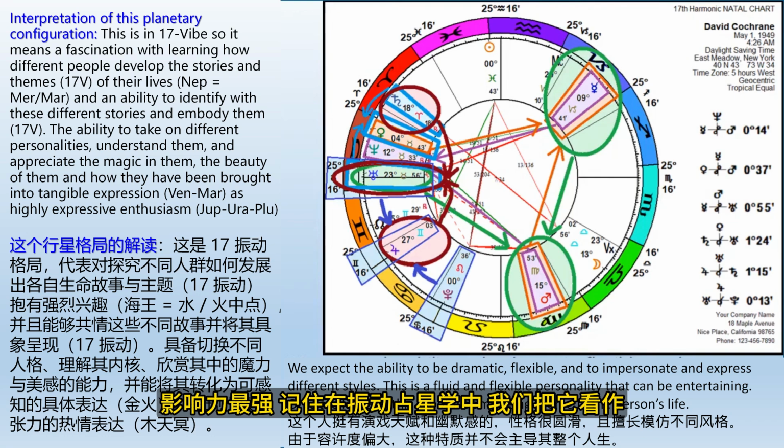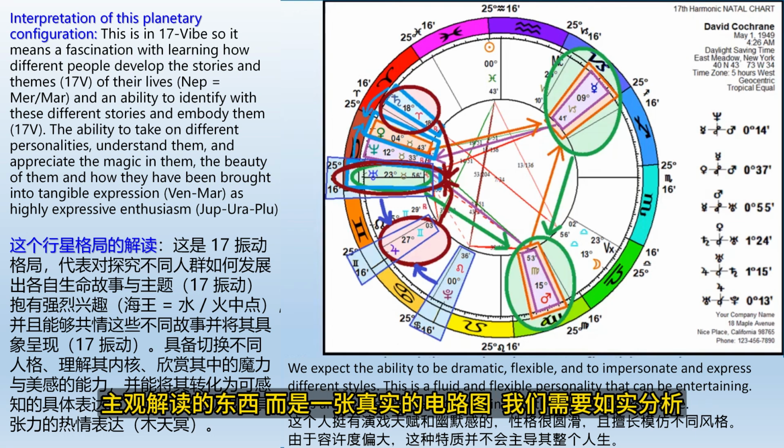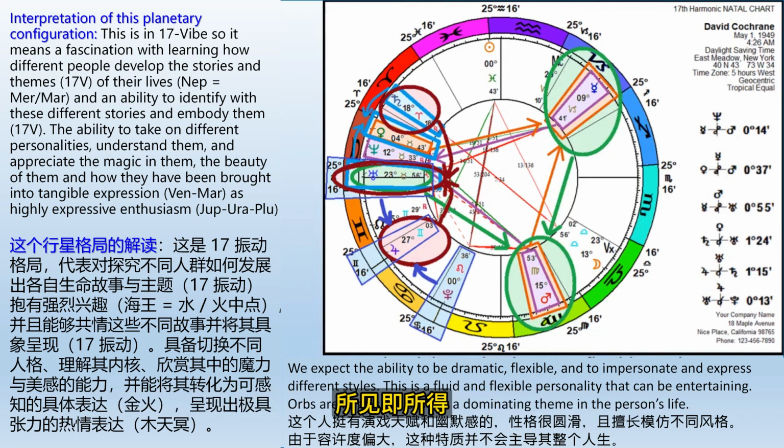Remember that in vibrational astrology, we think of this as a wiring diagram. It's not just a symbolic language that you can manipulate according to however the symbolism inspires you. It's an actual wiring diagram, and we need to analyze it for what it is.